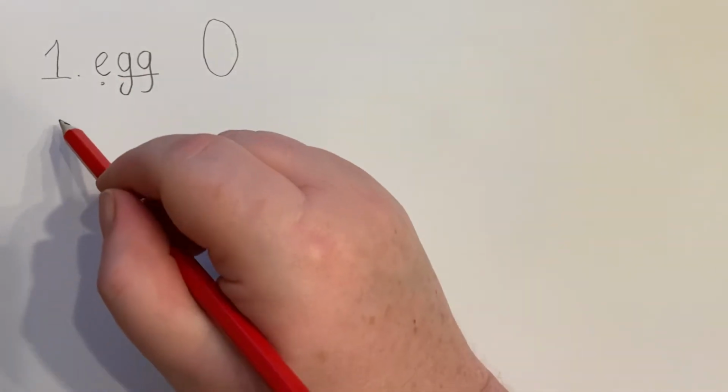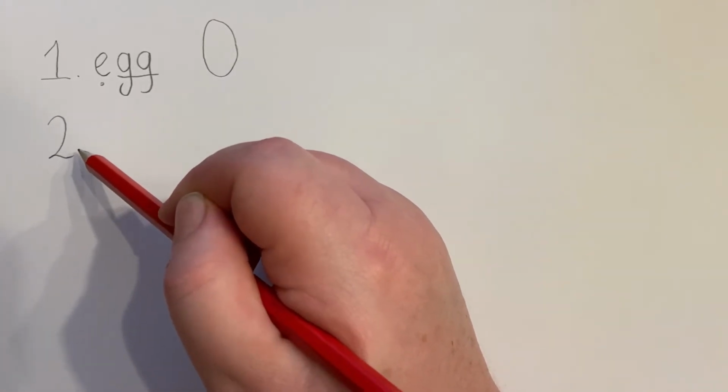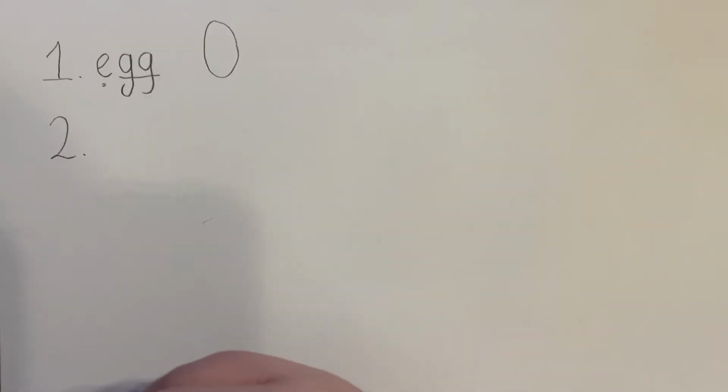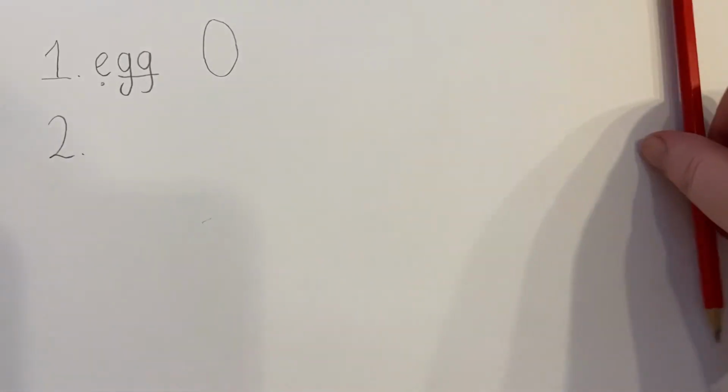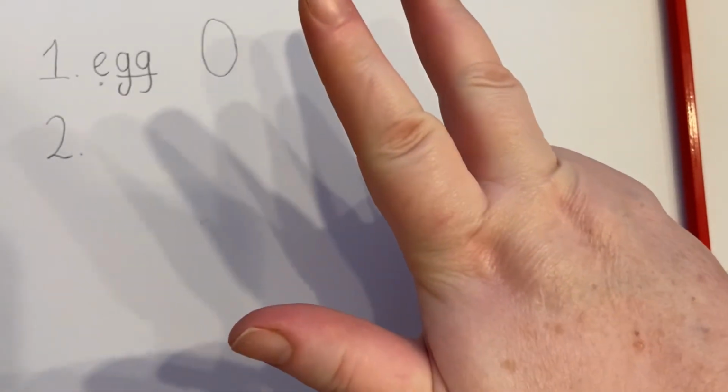That's my first ingredient, and my second ingredient is going to be flour. Now some of the phonemes in flour we don't know yet, so all we can do is sound it out and see what we can hear. L, ow.